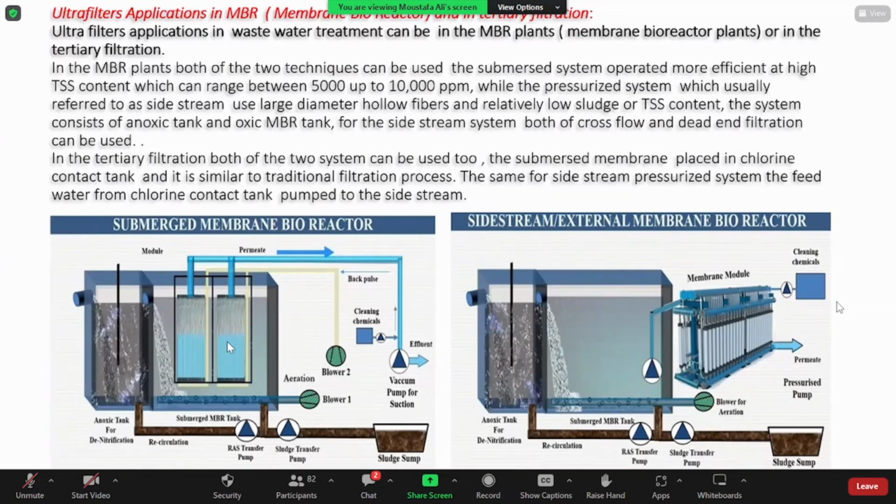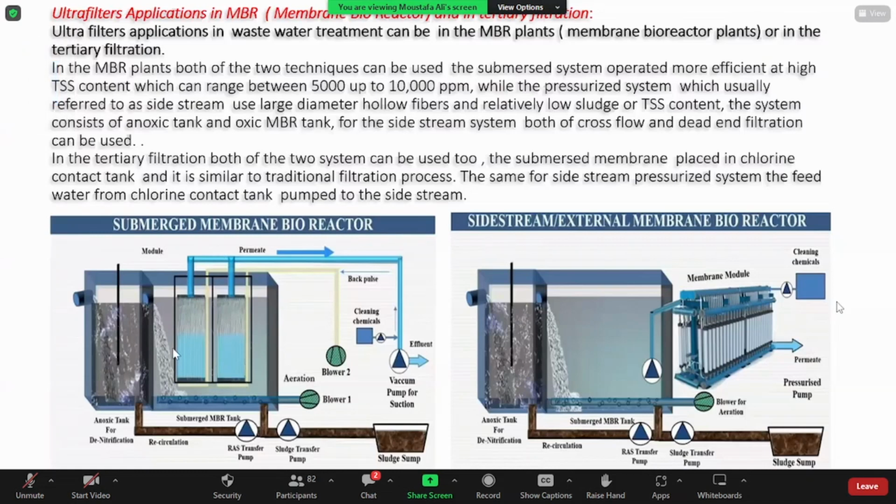So let's focus here on this stage of the treatment process. Most of the people working in this field understand that if we say MBR units, this means submerged ultrafiltration membranes, which is not correct.